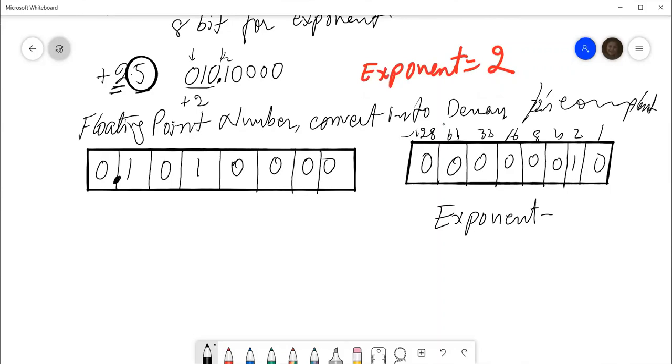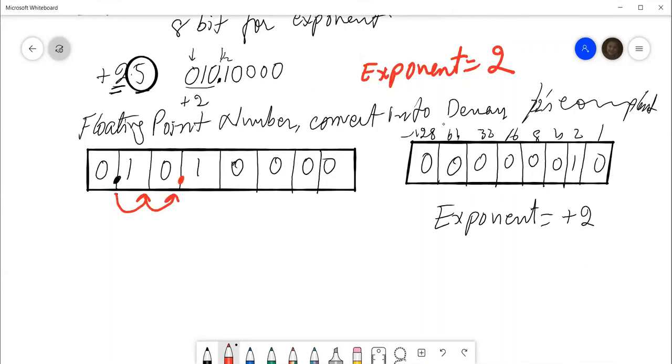So we have a plus 2 as our floating point exponent. So this means that I have to float my decimal 2 places on the right side. So I'll move it 1 and 2. So it will shift over here.